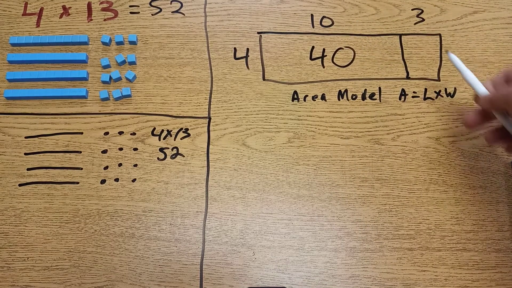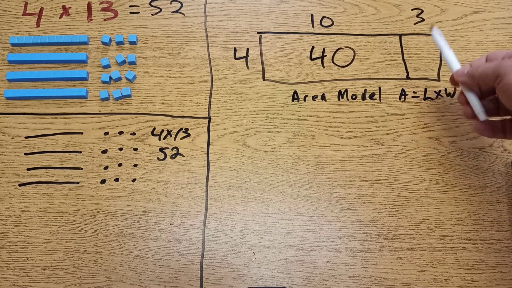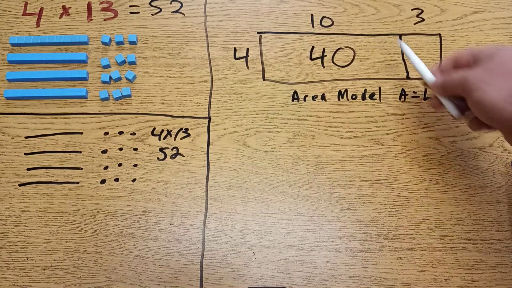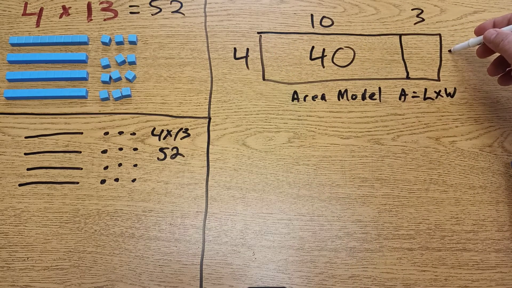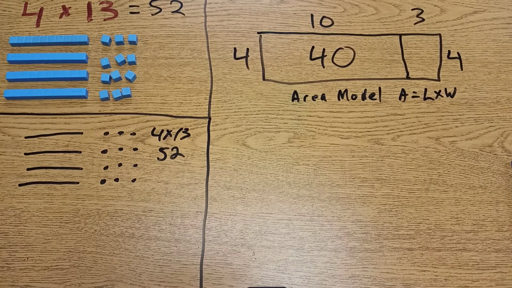And for this rectangle right here, I know opposite sides of my rectangle are the same, so the length would be 4 too. To figure out the area of this part, I would do length times width, 4 times 3, and 4 times 3 is 12.